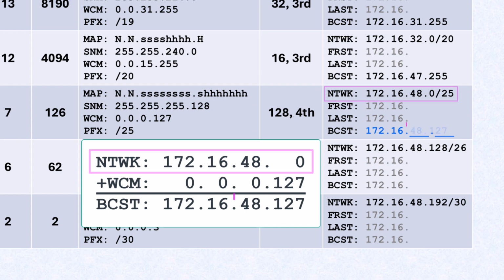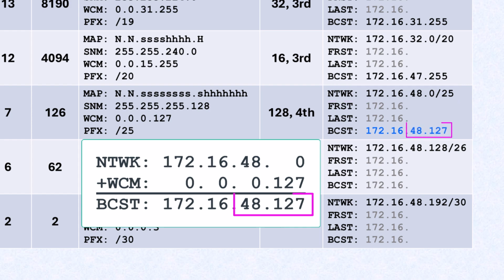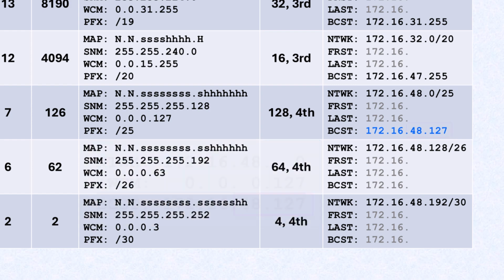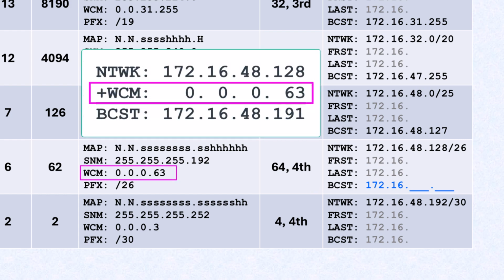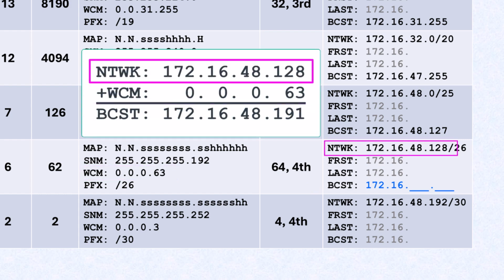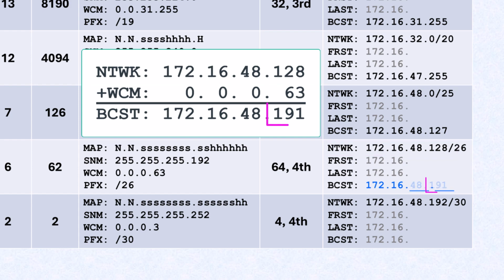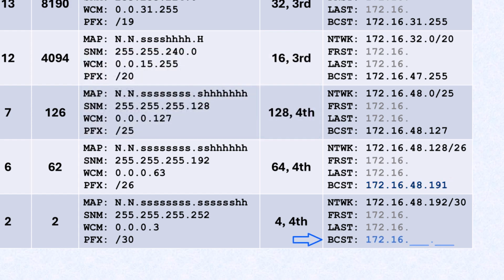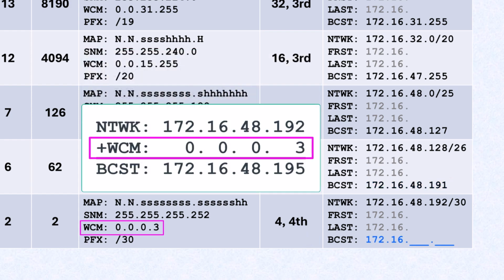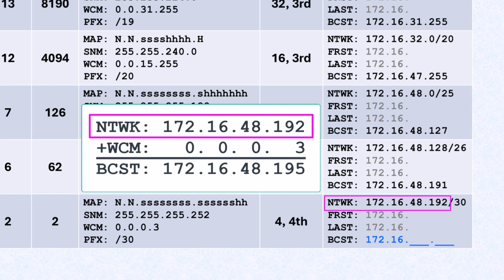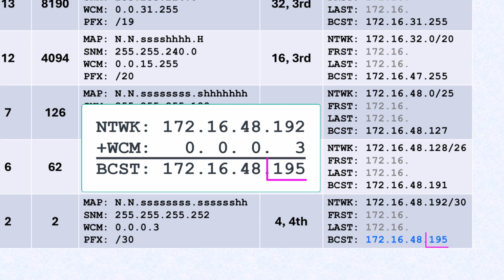This gives 48.127 in the last two octets. For broadcast 4, add the corresponding wildcard mask to the network address. This gives .191 in the last octet. And finally, for broadcast 5, add the corresponding wildcard mask to the network address. This gives 195 in the last octet.